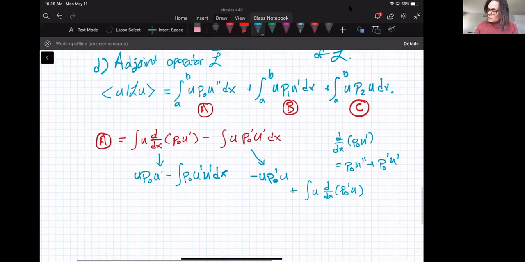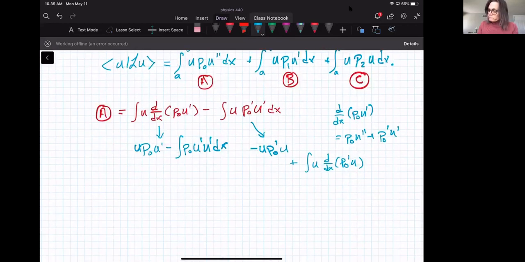Okay, so that's just rewriting the integral into two different integrals, then integrating both of them by parts.